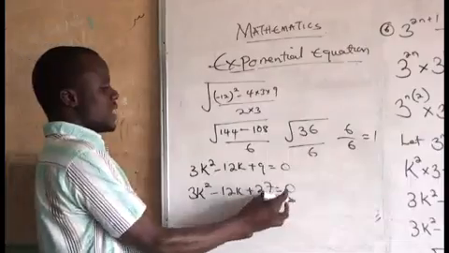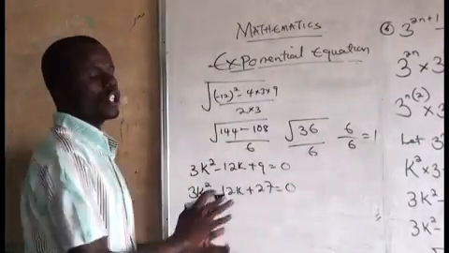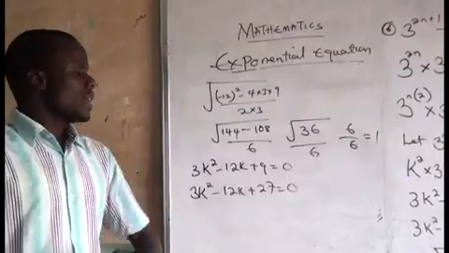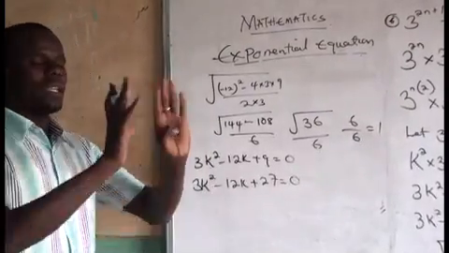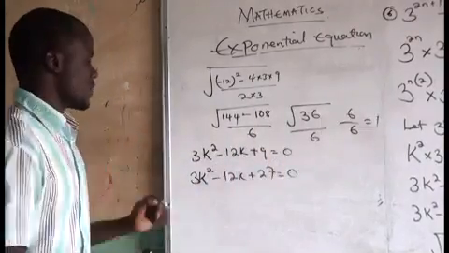So what are going to be the factors of 27 that if you multiply will give us 27, and if we add, will give us minus 12? Then minus 9 and minus 3 will satisfy the equation.